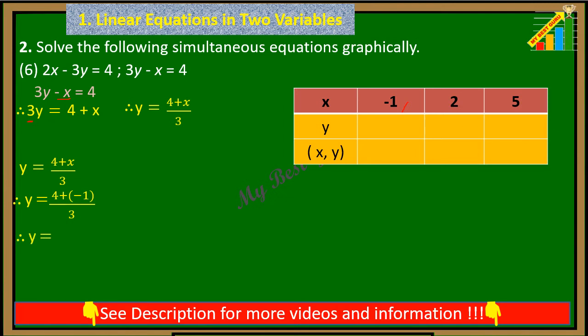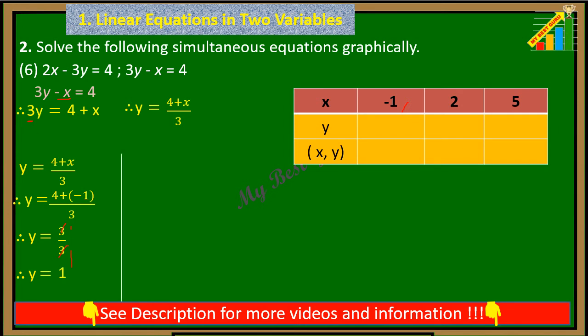So 4 minus 1 is 3, with the sign of the greater number, so it is plus, and divided by 3 as it is. Now 3 ones are 3. Both are plus, so the answer will be plus. So y is equal to 1.